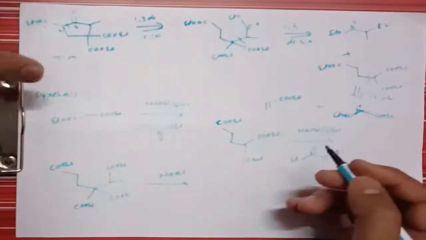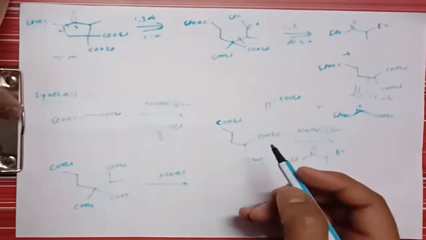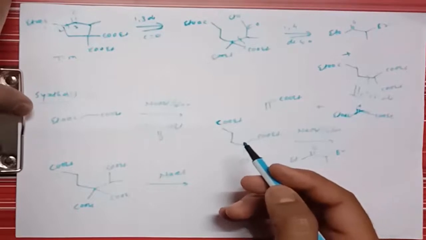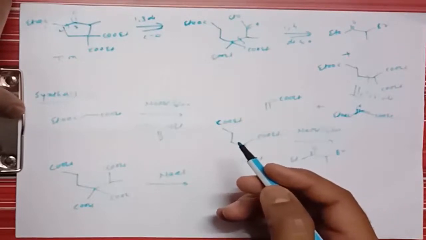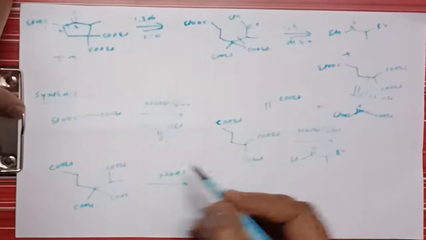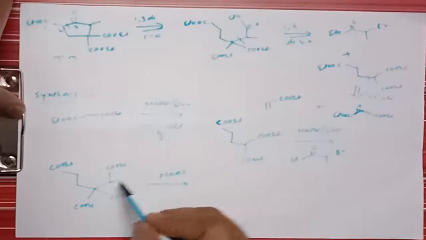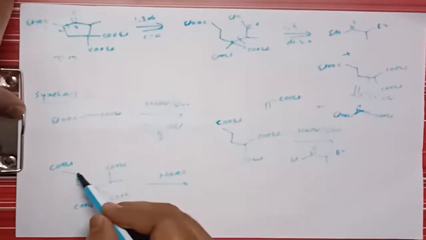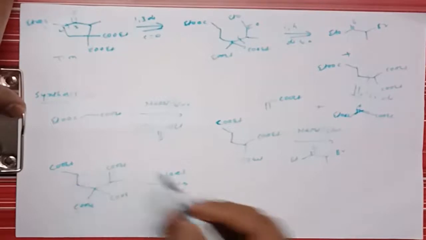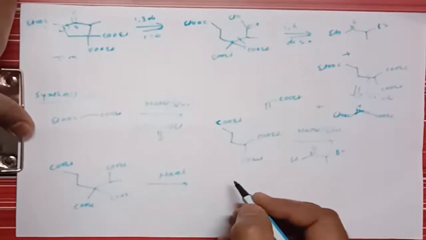So what it gives? If you see, there are two different positions where the base can take proton, either from here or from here. So it gives two different products.